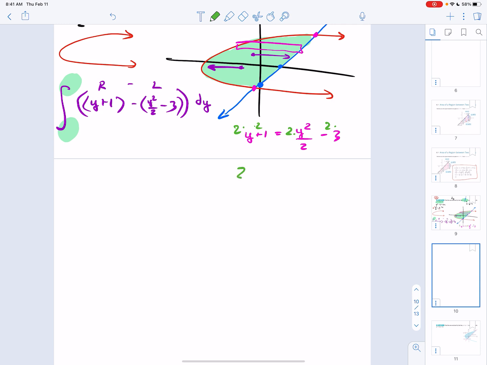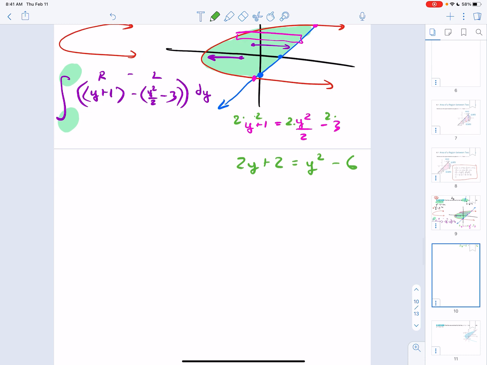So that's going to be 2y plus 2 is equal to y squared minus 6. I have a quadratic term, so I'm going to move everything over so that one side is 0. If I subtract the 2y and subtract the 2, the left side would be 0. I'm going to get y squared minus 2y minus 8.